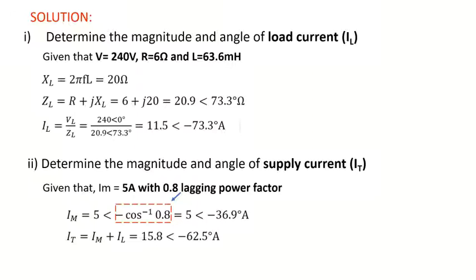The summation of these two currents gives you I total, which is 15.8 with minus 62.5 degree ampere in phasor form.